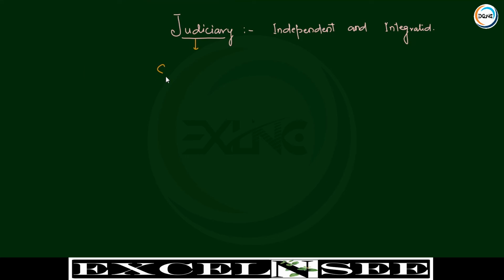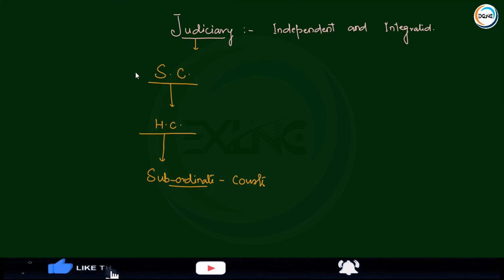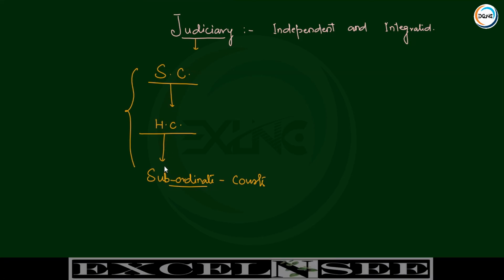The hierarchy starts from the Supreme Court at the top, followed by High Courts at the state level. Then there are subordinate courts. So this is the structure of the judiciary: Supreme Court, High Court, and subordinate courts.